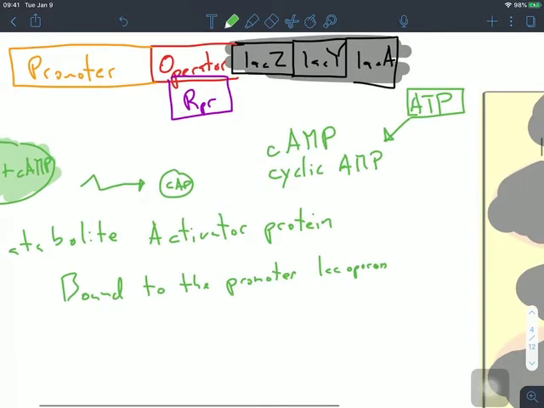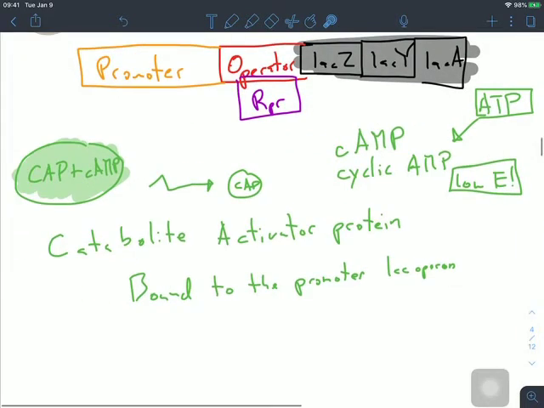So when the cell runs out of energy, it goes from ATP to ADP to AMP and then cyclic AMP, signaling that the cell has low energy. We're starving. Get us some food. Cyclic AMP will then bind with CAP to form the catabolite activator protein in its inducible or on form.